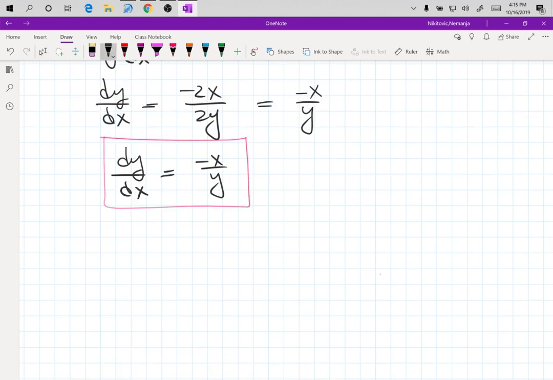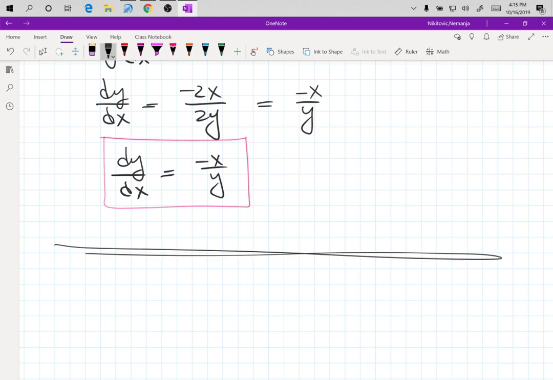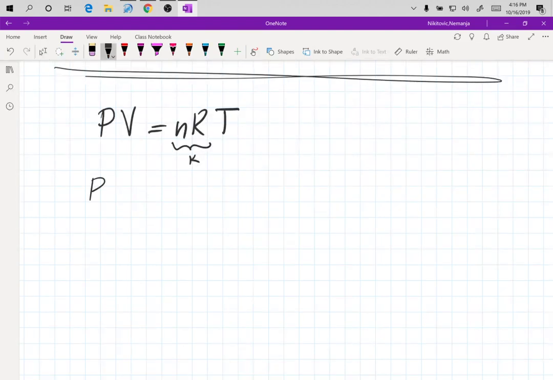But if you consider that formula, so PV equals nRT, and then this nR is actually a constant, so I'm just going to call that constant K so that we don't have to worry about it. So I'm just going to go PV equals KT.